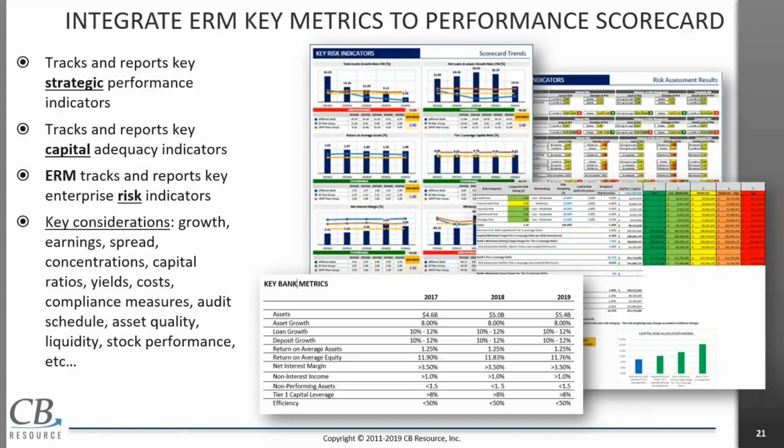So those key factors, both from an ERM standpoint and from a strategic performance standpoint, again, growth, earnings, what's your spread look like? Are you managing concentrations? How's the capital holding up? Looking at yields and cost. These factors that we look at from an ERM standpoint are at the source of managing strategic performance. So there's a direct relationship between the two.